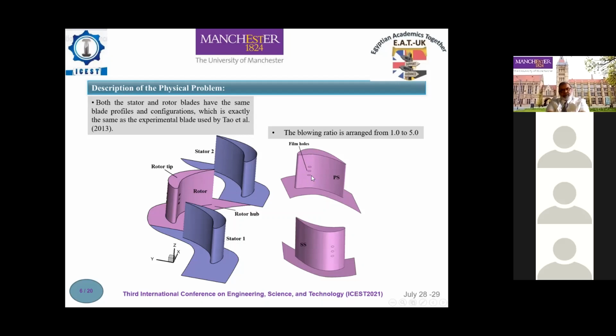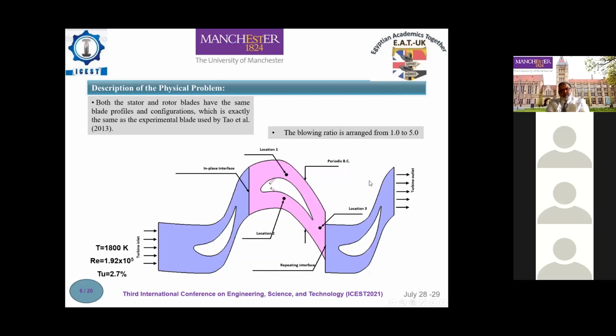Each row has 3 standard cylindrical holes with a diameter of 4 mm. Realistic boundary condition was used at the inlet of the gas turbine in place, and repeating interfaces was used between the stators and the rotor blades. Different values of blowing ratio ranging from 1 to 5 were also used.